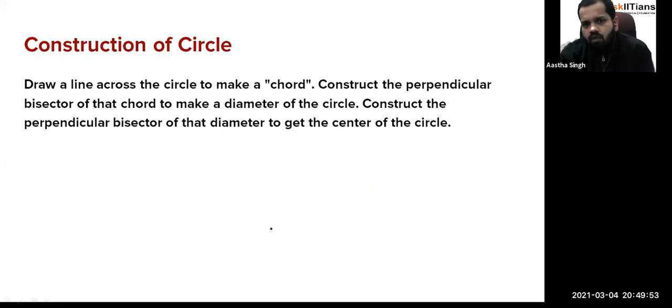So, construction of a circle. How do you construct a circle? You have all seen your compass, right? You can draw how a compass looks.